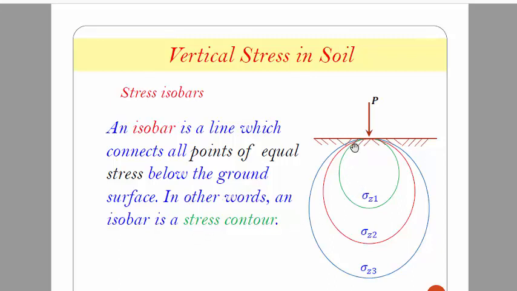Suppose at this point the stress is 14, 14, 14 all around. Completing this circle with 14, we call it an isobar. This is 28, this is 20 and this is 14, because the stress is decreasing.